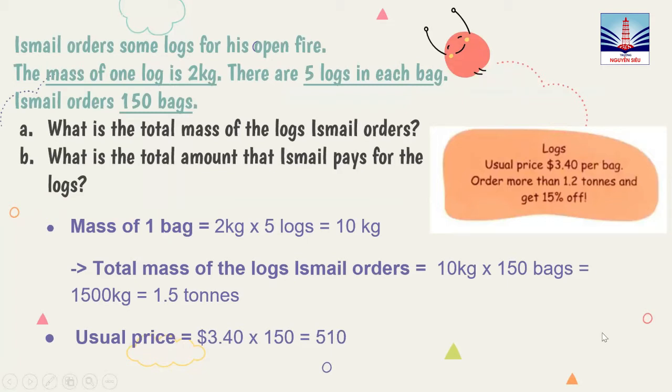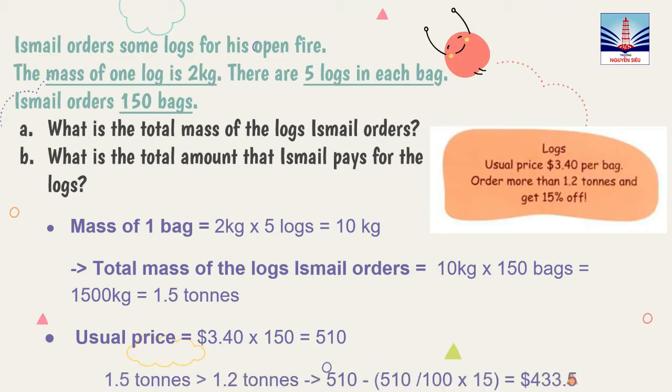The usual price is $3.40 per bag, and he buys 100 bags, so the usual price will be $510. And when we get 15% off, the price is $433.5.